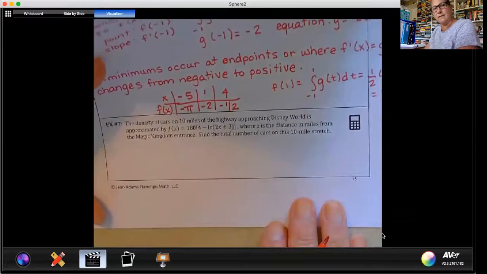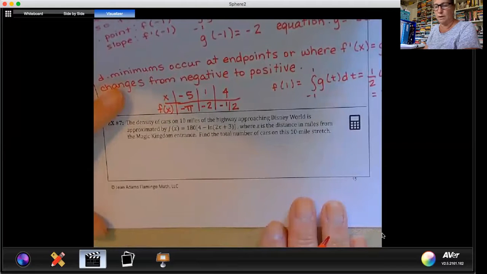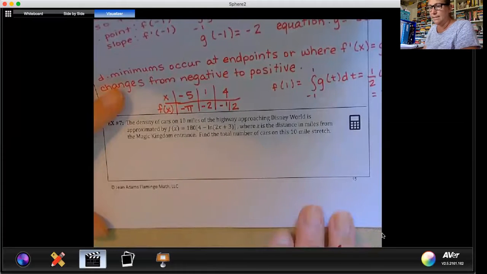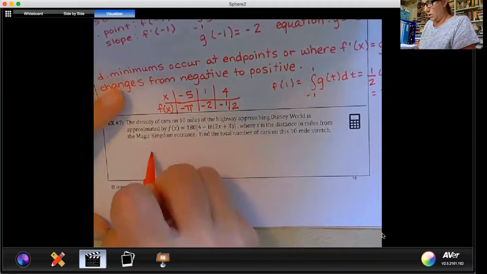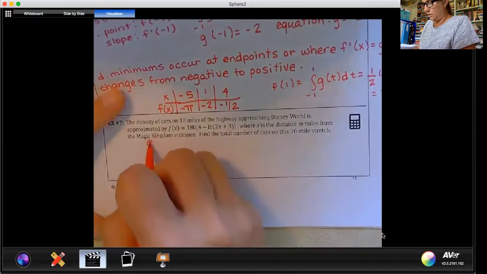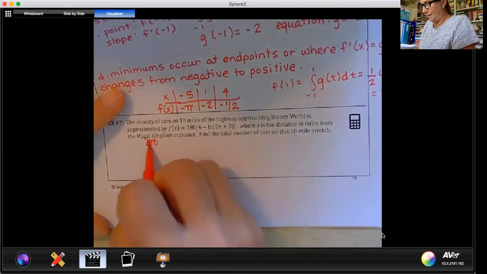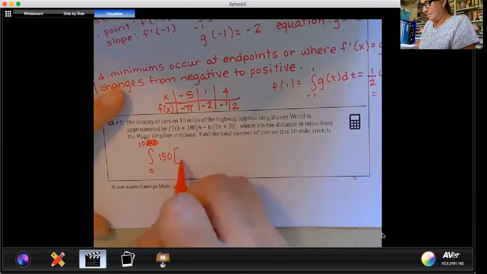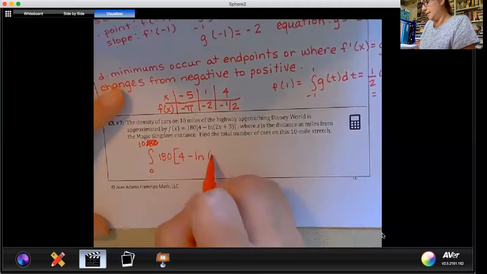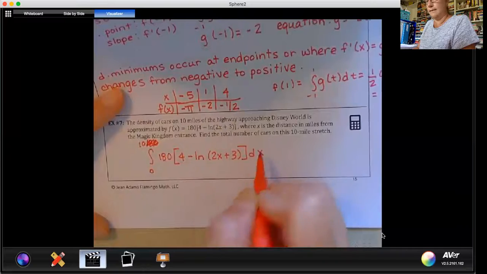In example 7, the density of cars on 10 miles of the highway approaching Disney World is approximated by f of x, where x is the distance in miles from the Magic Kingdom entrance. Find the total number of cars on this 10-mile stretch. So from 0 to 10, the integral of 180 times (4 minus ln(2x plus 3)) dx.